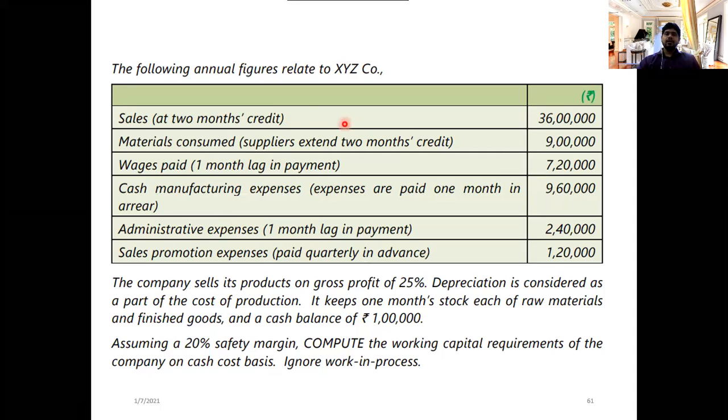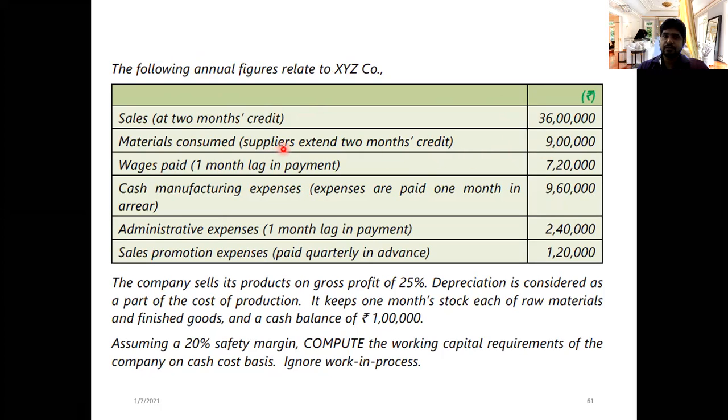This is example two. The following annual figures relate to XYZ company. The total value of the sales for the year is 3.6 million, and material consumed, suppliers extended 2-month credit.